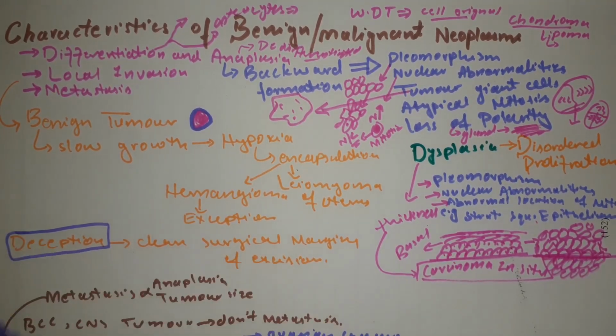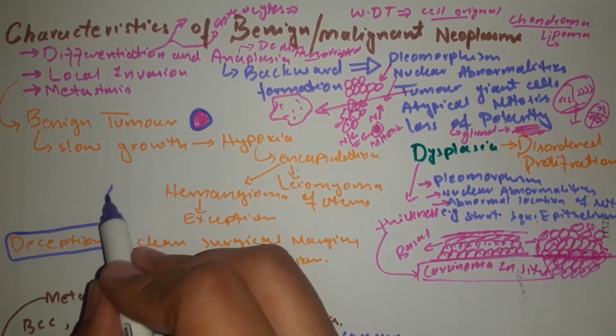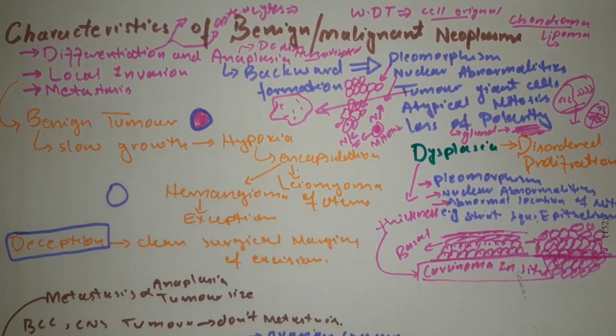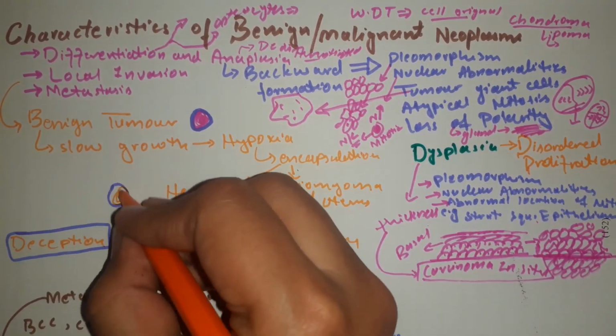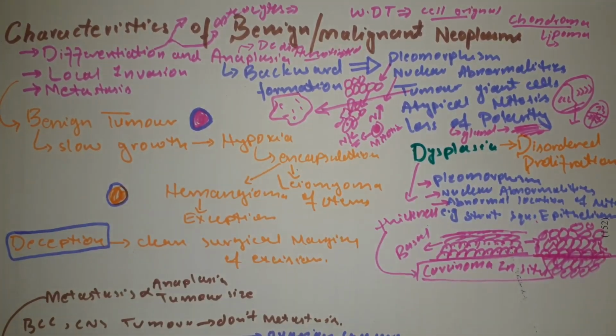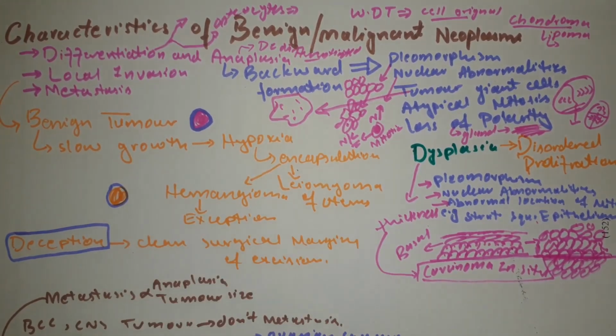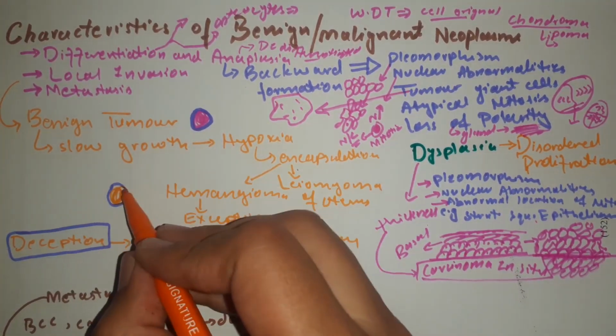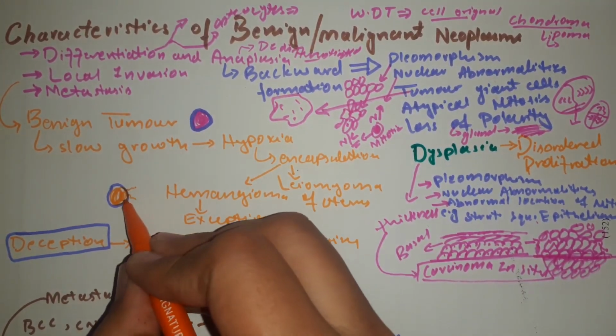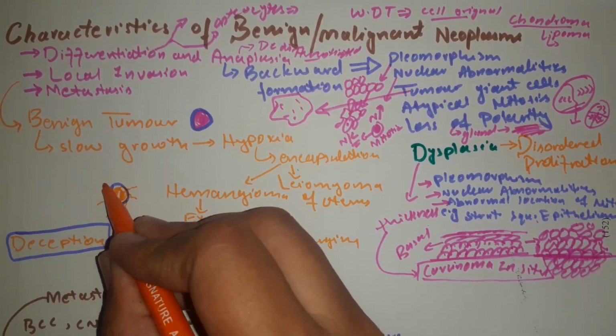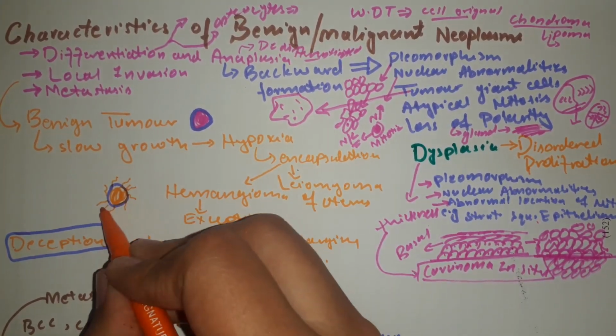How? Supposedly this was a malignant tumor, and you imagine that this is a tumor, and this bluish color appearing, suppose that this was a capsule. But in malignant tumor, what happens? In most of the cases, small crab-like extensions are going out of the capsule, and these extensions are basically showing local invasion.